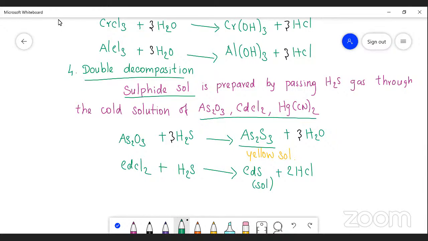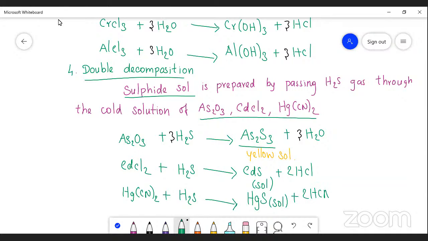Next, mercuric cyanide is treated with H2S. Mercuric cyanide, Hg(CN)2, is passed with hydrogen sulfide gas, and we get mercuric sulfide, HgS, and 2 molecules of hydrogen cyanide.